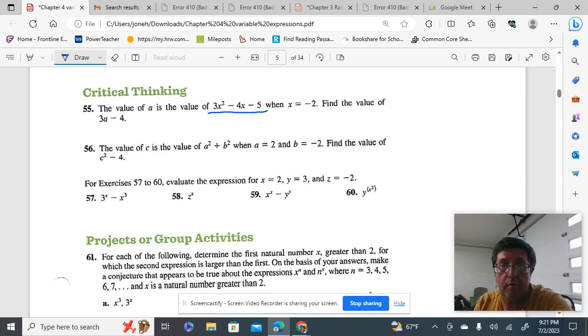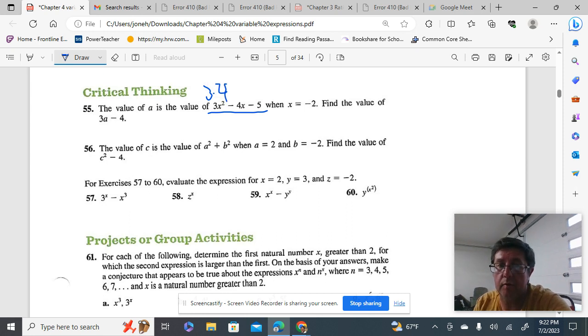We do 3 times -2 caret button 2, and you get positive 4.